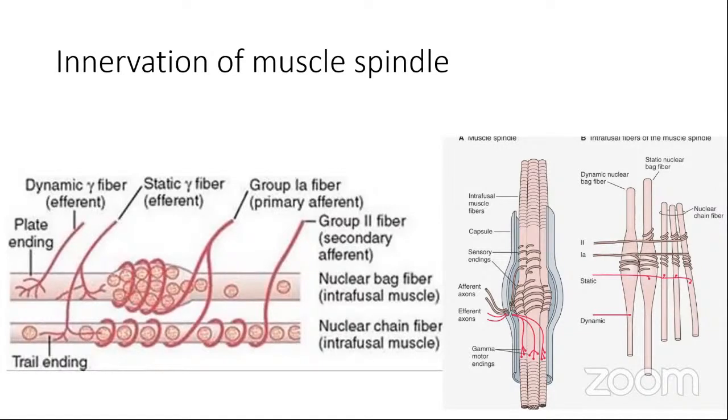The 1A afferent innervates the dynamic and static nuclear bag fiber, that is the central portion. They also innervate the nuclear chain fibers, whereas the type 2 fibers innervate the static nuclear bag fiber and also the nuclear chain fibers.